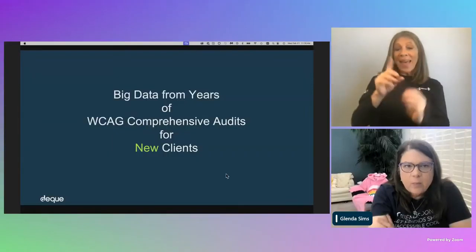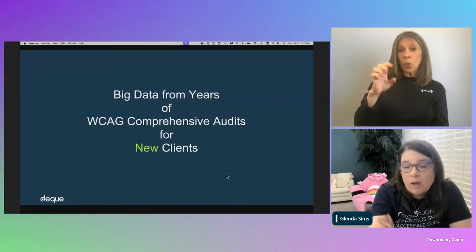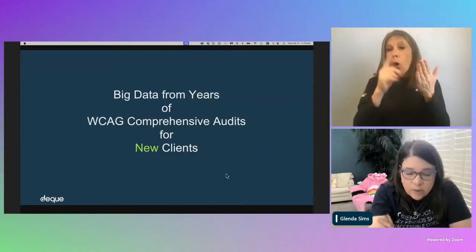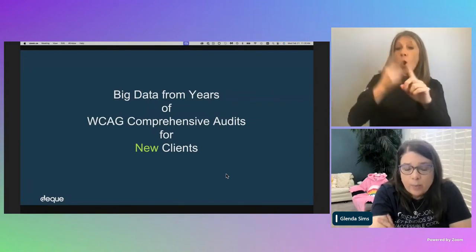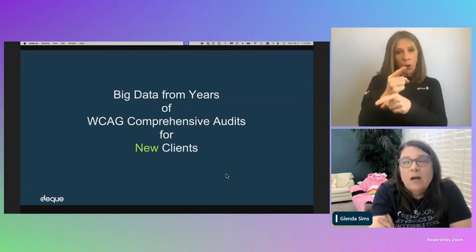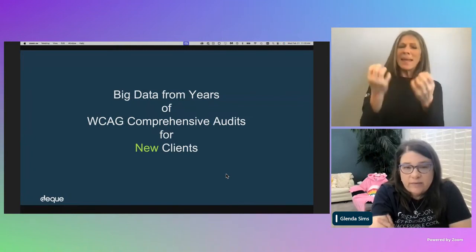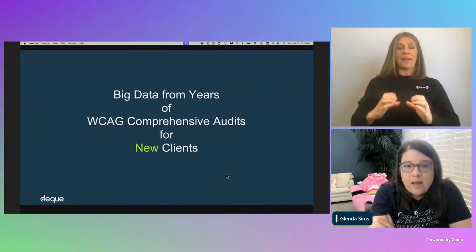I am going to see if I can grab screen share real quickly and give you a little bit of background for how we're coming up with these numbers. So at Deque, we do manual audits and use automated tools when appropriate for hundreds and hundreds of clients every year.